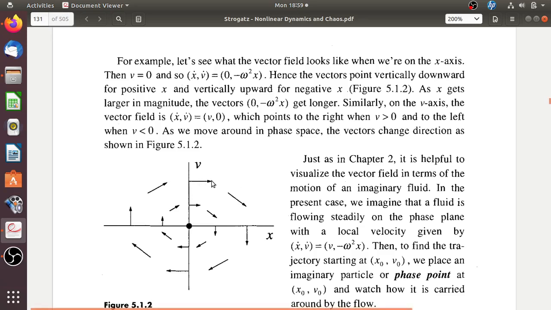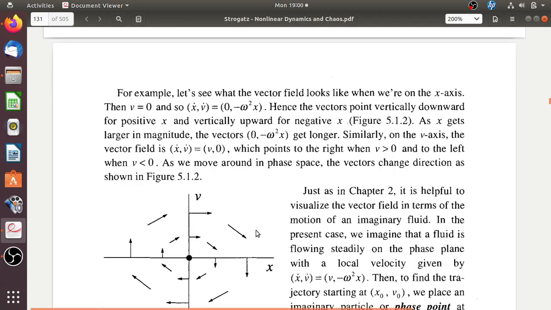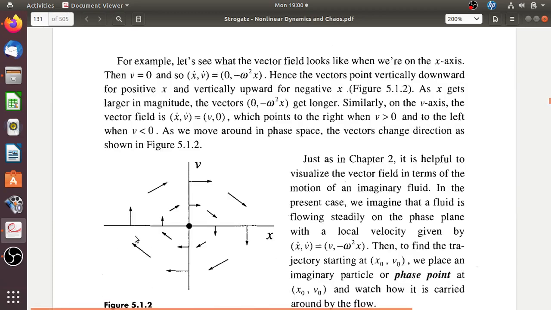Like that, for each and every point I have to draw a vector in this particular phase space, and if we do that for this system, what we will get is this particular picture. From this picture we could somehow understand how the system is going to behave.